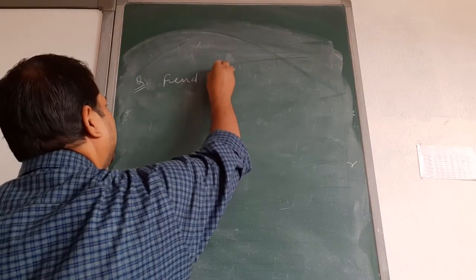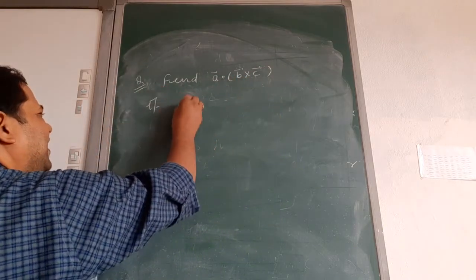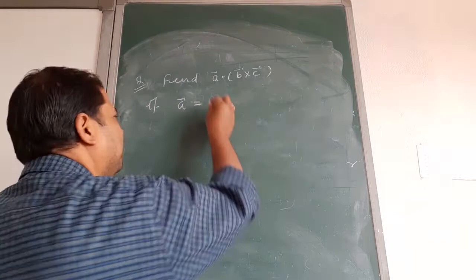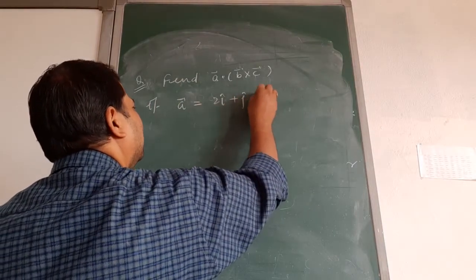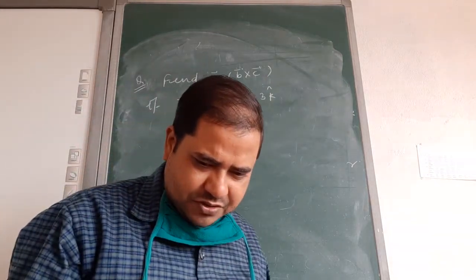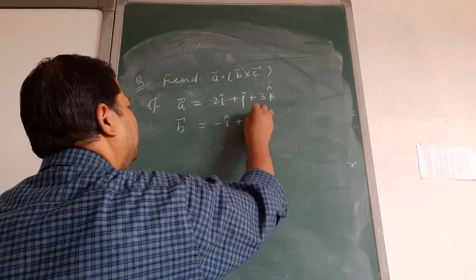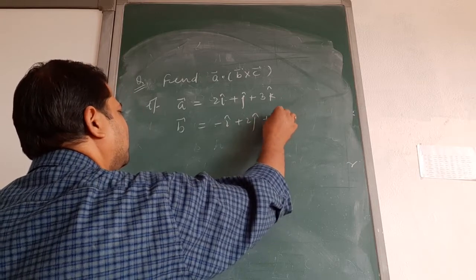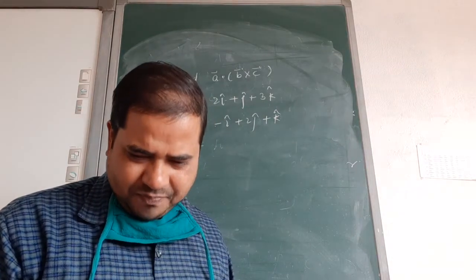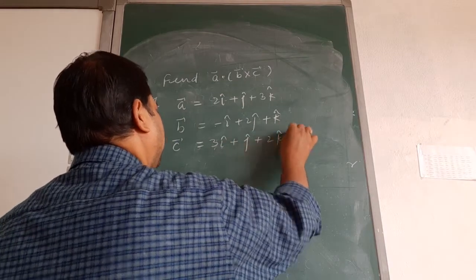Find A dot B cross C if A is equal to 2 I cap plus j cap plus 3 k cap, B is equal to minus I cap plus 2 j cap plus k cap, and C is equal to 3 I cap plus j cap plus 2 k cap.